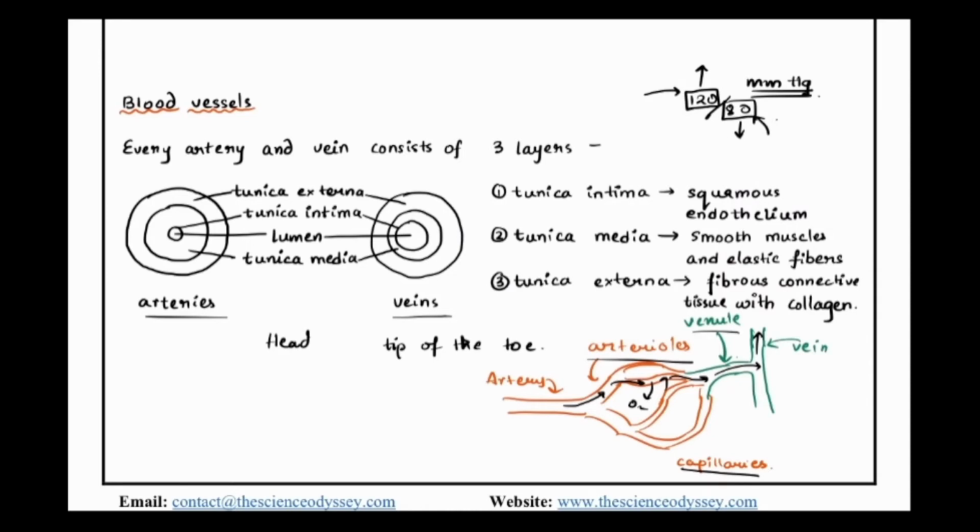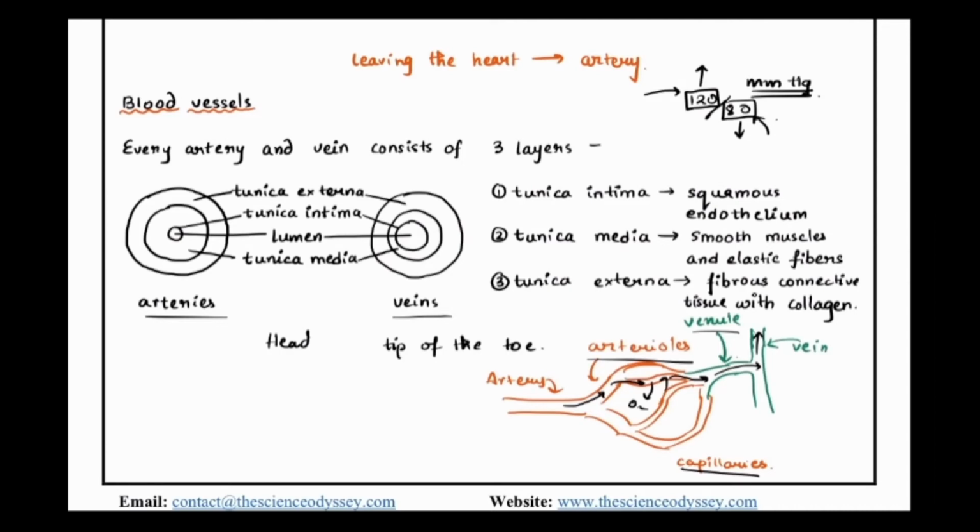Another thing that I wanted to talk about, which will be helpful in the next video because we're going to talk about double circulation, is this. Whenever a blood vessel is leaving the heart, we're going to call it artery, no matter whether it is going to the lungs or to the systemic parts of the body.